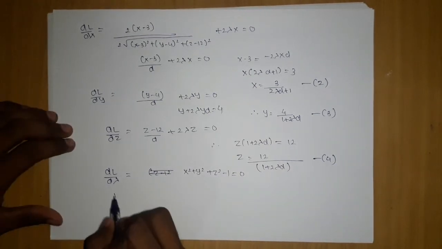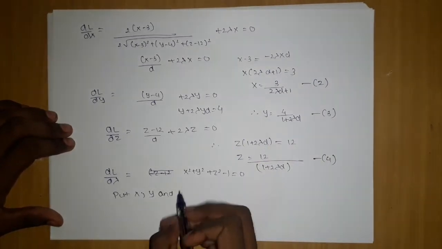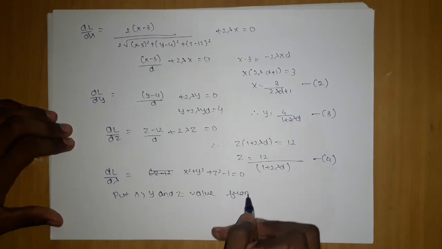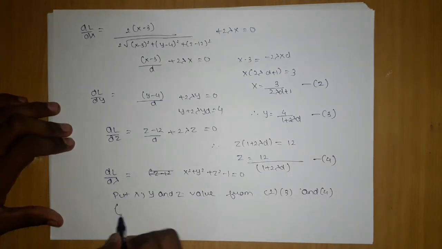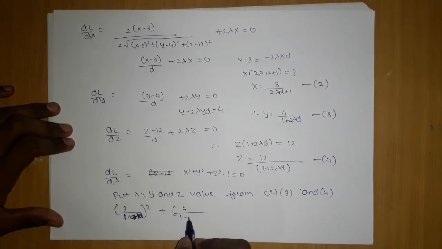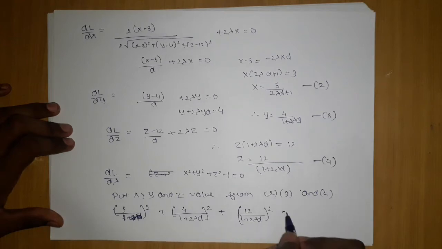If I substitute x, y and z values from equations 2, 3 and 4, we have (3/(1 + 2λd))² + (4/(1 + 2λd))² + (12/(1 + 2λd))² = 1.